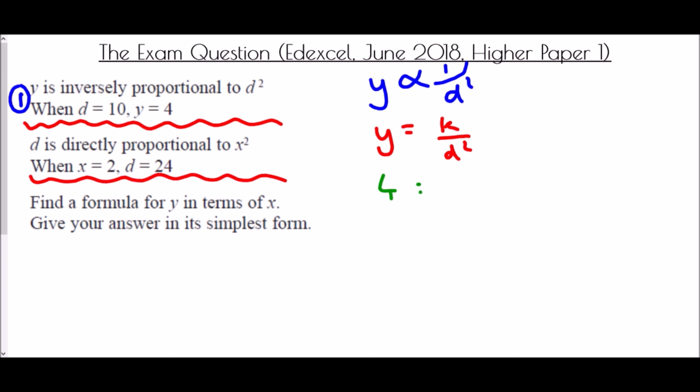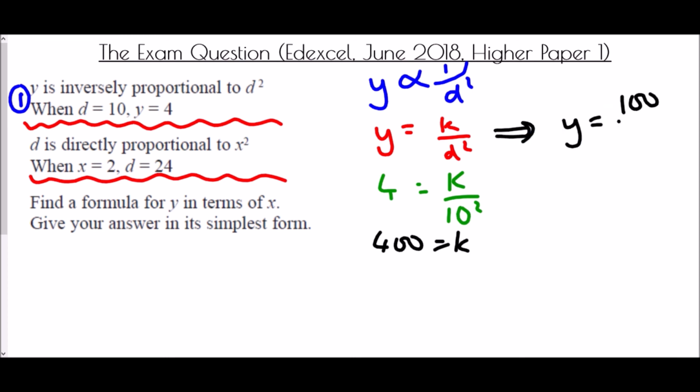So 4 equals k over 10 squared. 10 squared is 100, so I'm going to multiply by 100. 400 equals k. And so I can say from this that y equals 400 over d squared. That is part 1 dealt with.